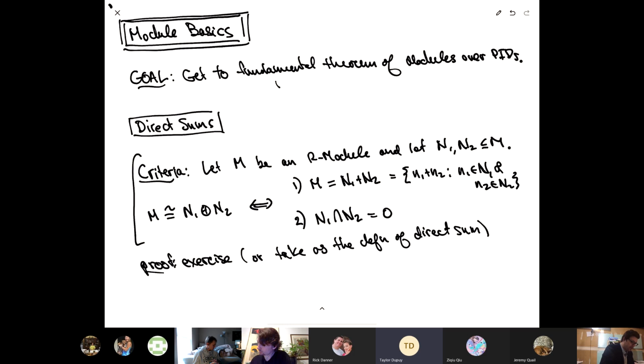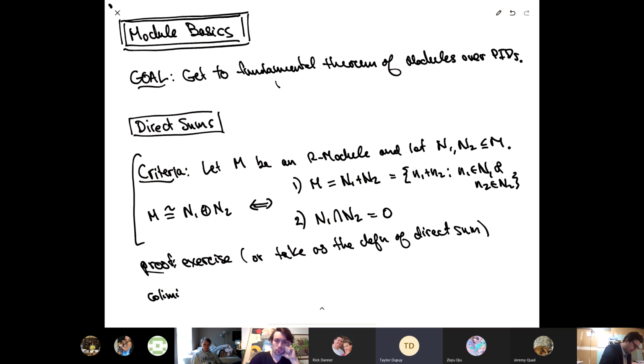For me, the definition is that these are just tuples of n1 and n2, and then you add them tuple-wise, and then the scalar multiplication distributes. So the R multiplication distributes. Okay, so would that be the direct limit? So actually the other definition is that you can take it as a colimit.